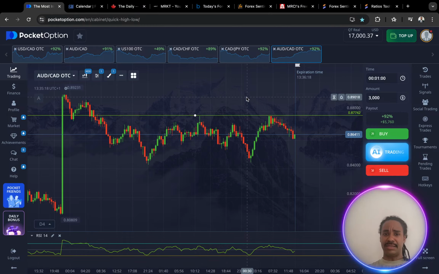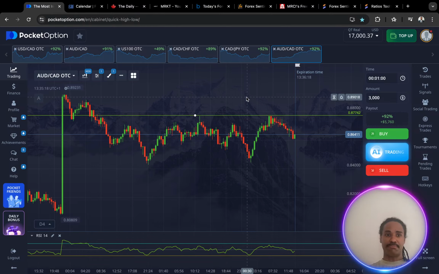As you can see, price started to move. That means the Canadian dollar is weak in this particular scenario. If you're looking at the US dollar, you also want to check the correlations on the indices, the DAX, and the stock market, to get a real-time understanding of how strong the US dollar is.